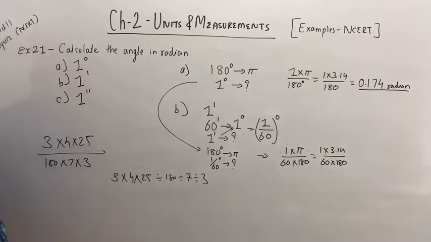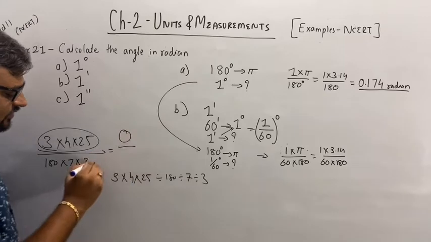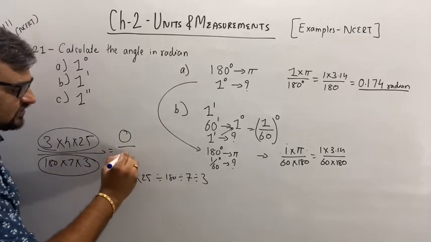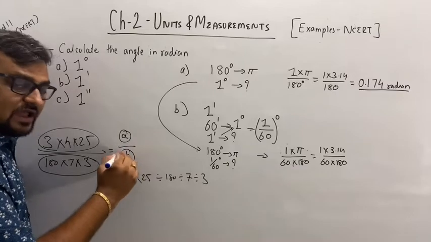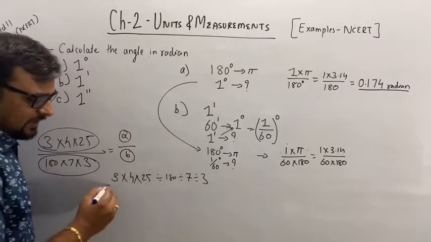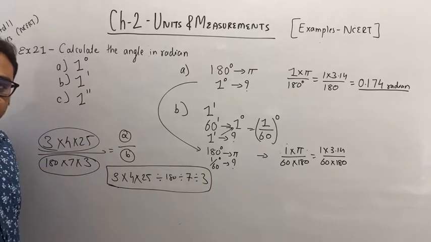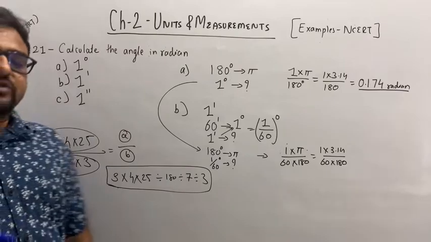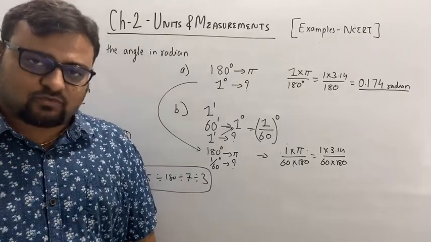Or else, use your method: multiply all three in the numerator and write down the answer, multiply all three in the denominator and write down the answer. Let's say these are A and B. Now divide A by B. This is the second method, but I prefer the first method for a quick solution. I also prefer that you use a calculator, not a mobile phone.